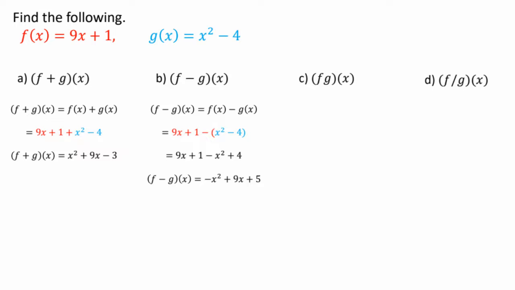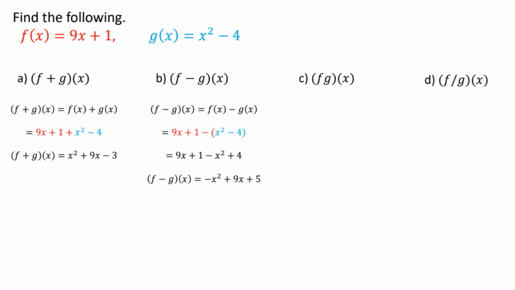A negative times a negative is a positive 4. Okay, and then I do the same thing. I combine my like terms. Again, I only had one x squared term that stays the same. The 9x is nothing to combine, but I have two like terms. I have a plus 1 plus 4. Plus 1 plus 4 will give me the plus 5. So function f minus g is minus x squared plus 9x plus 5.